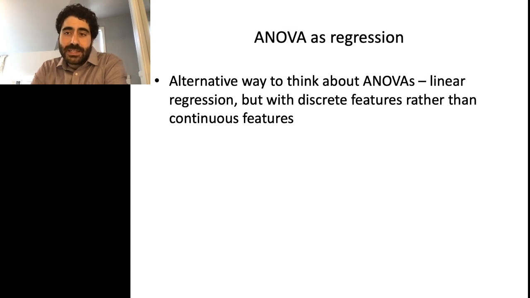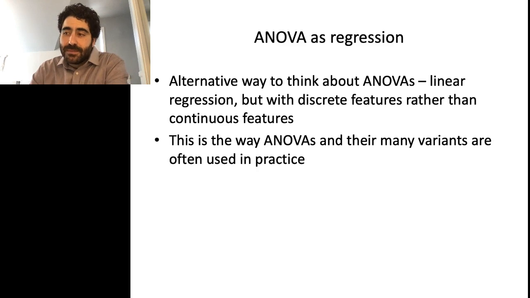And so the idea is we can think about an ANOVA as a model that's essentially a linear regression, but instead of having a continuous input feature, a continuous x value like we talked about in the past, instead we have discrete nominal features. And so again, this is often the way that we actually think about these kinds of models. The actual statistics here is identical to what we've been talking about. This is just a different way of writing ANOVAs. And again, I think it's potentially an easier way to think about what ANOVAs are doing.